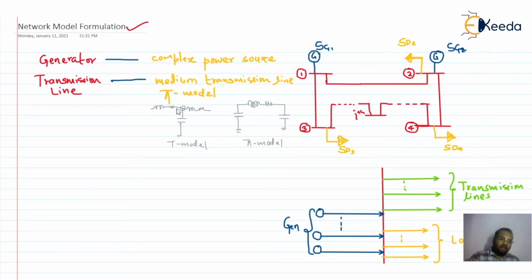An extra node means it will make my calculation steps a little lengthier, because I need to solve for one more node. Here I'm not getting an extra node in the nominal pi model. That is why the nominal pi model is preferred while modeling the power system for the load flow study. Next, the next important equipment connected on the power system is the load.